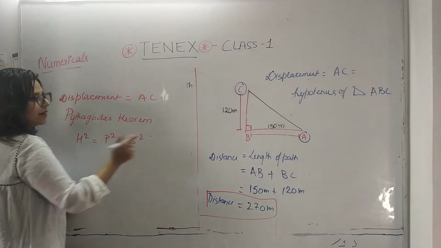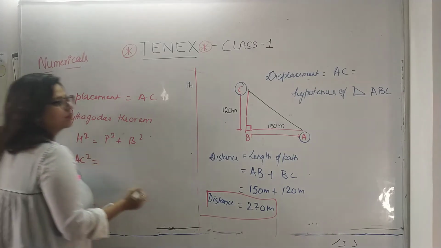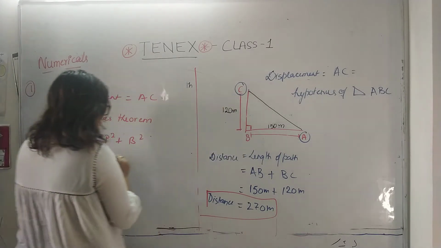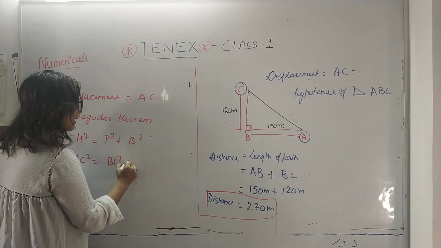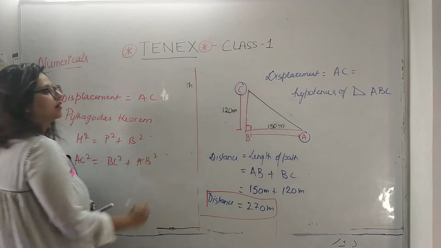Over here we know the hypotenuse is AC, okay. So AC square is equal to perpendicular square, which means BC square, plus the base square, which is AB square, okay guys.